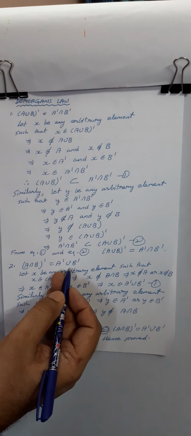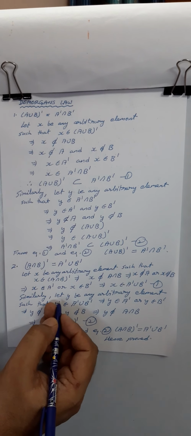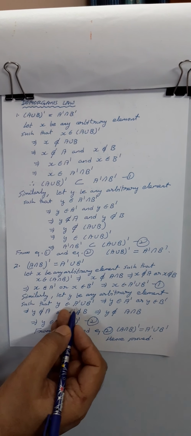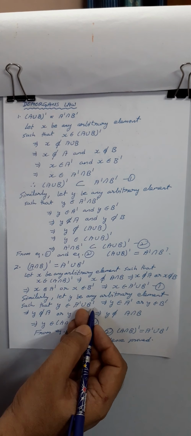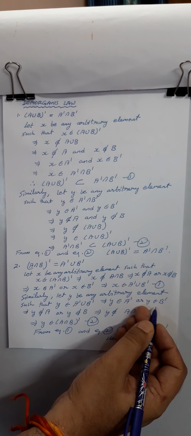Similarly, I'll be taking the RHS and proving that it is a subset of the LHS. So I have taken y as an arbitrary element such that y belongs to A dash union B dash. It implies y belongs to A dash or y belongs to B dash.